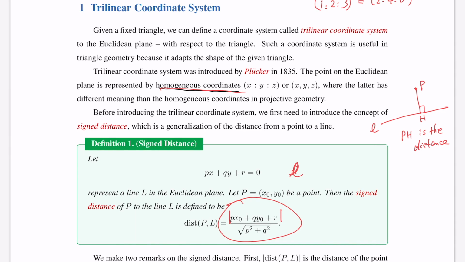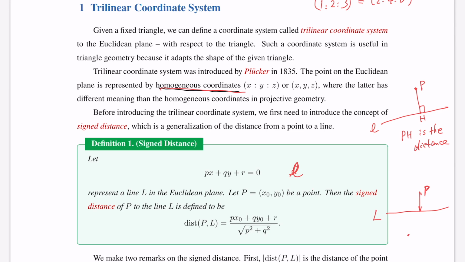Okay, so what is the signed distance? The signed distance is just what we get when we drop the absolute value. So in some sense, the signed distance is a much simpler object to study, except that the value could be sometimes positive, sometimes negative. So let's take an example. Suppose this is L and P is here. Assume that the distance of P to L is positive on this side of the line.